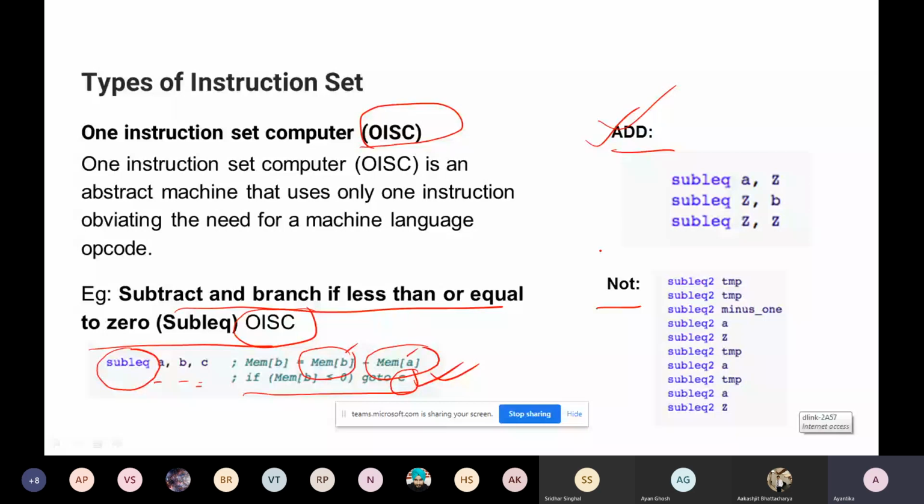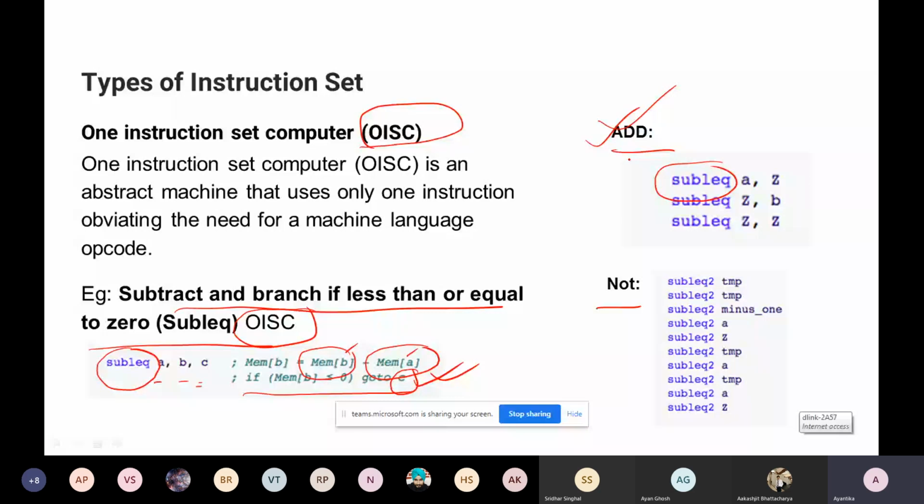It is not that a one instruction set computer can execute only one single instruction. Yes, I can execute all types of instructions, but by realizing them or mapping them to a particular single instruction.